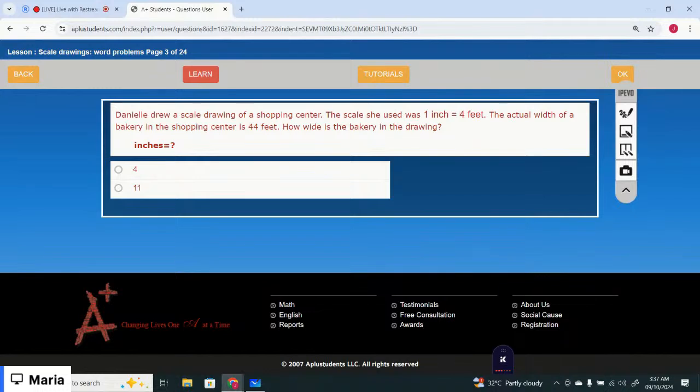Danielle drew a scale drawing of a shopping center. The scale she used was 1 inch equals 4 feet. The actual width of the bakery in the shopping center is 44 feet. How wide is the bakery in the drawing? Which is the correct option?